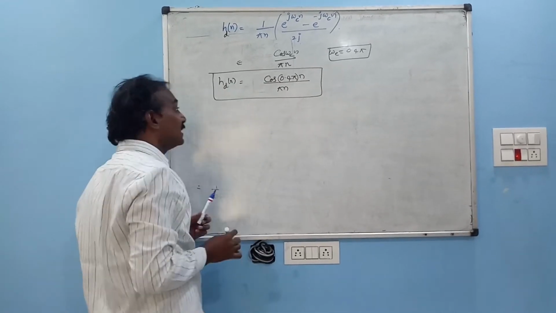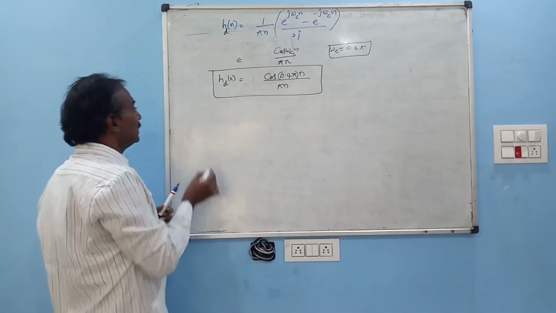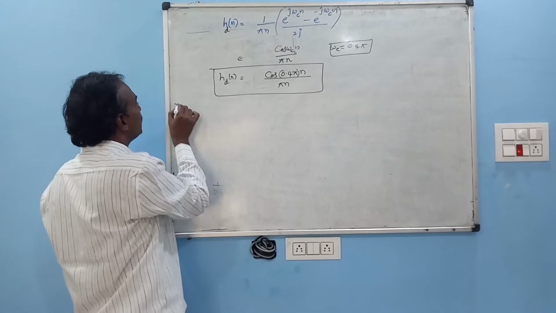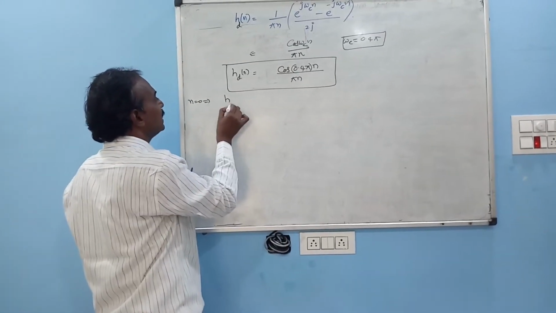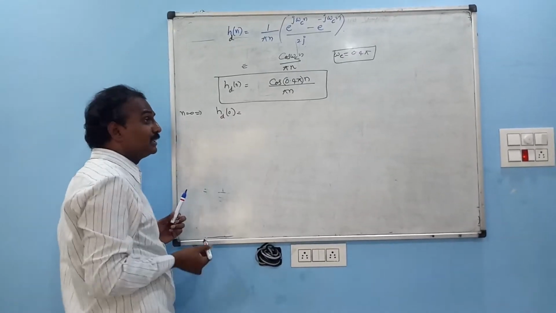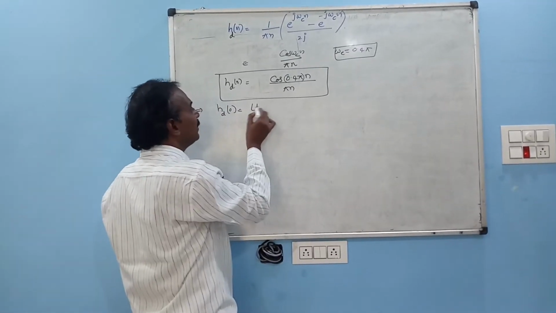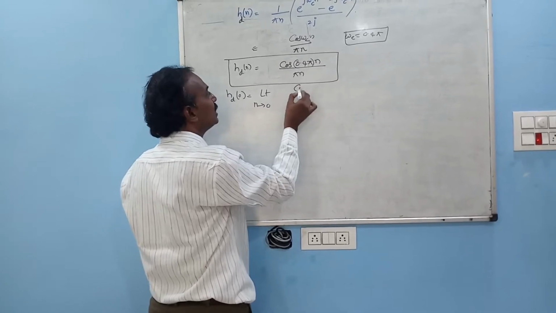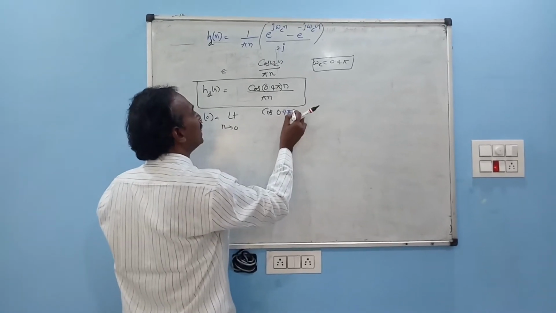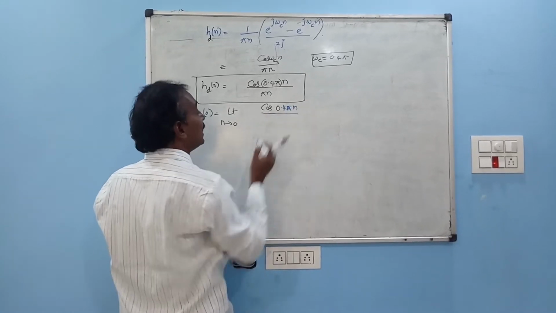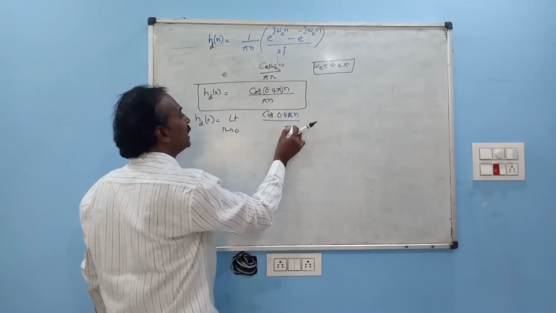Now once we get this infinite impulse response, now calculating, put n is equal to 0. So when I put n is equal to 0, hd of 0, I can write limit n tends to 0 sine 0.4 pi n by pi n.